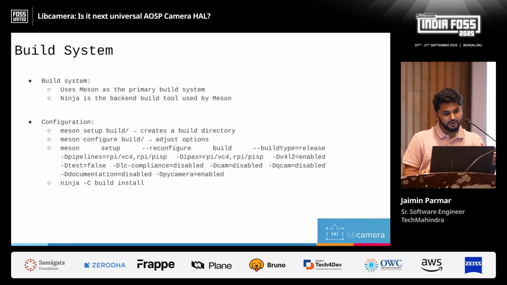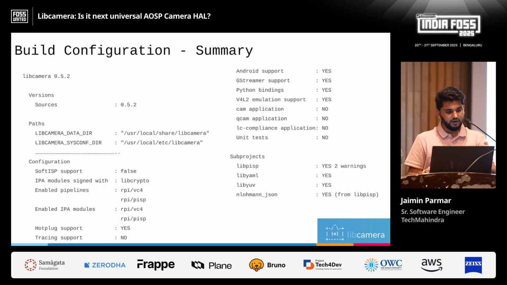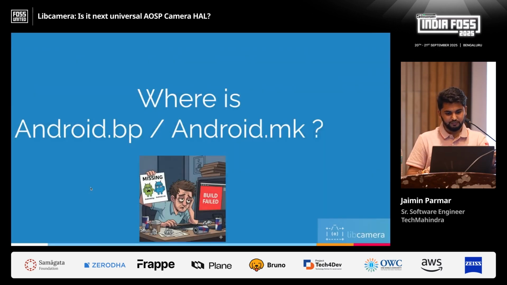And this is just a build system, using the Meson build system, and the backend is Ninja. These are some of the commands, basically meson setup build, configure build, and you have the choice of which pipelines you want to build, and which applications you want to enable in Libcamera. This is the build configuration that comes once you run the build command, and it tells you what options you have enabled.